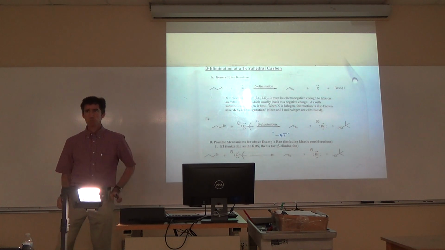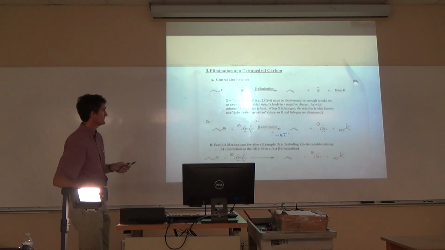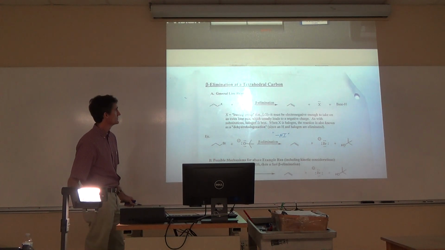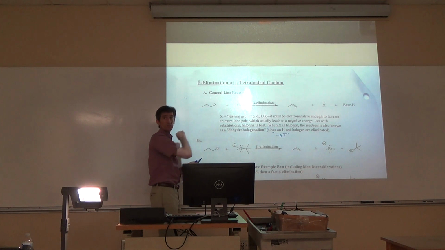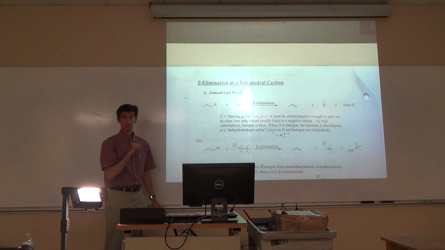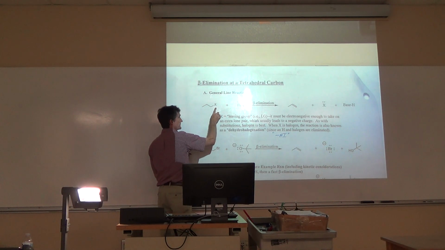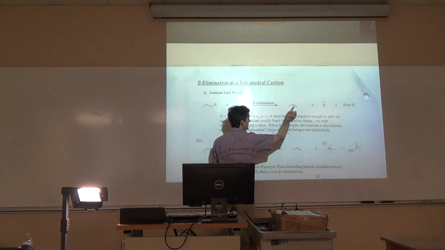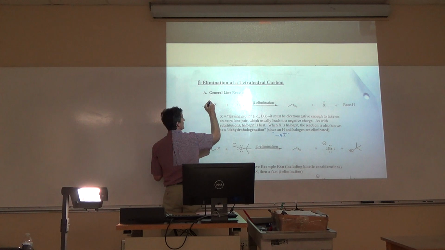Beta elimination at what type of carbon? All right, let's find the similarities to previous stuff. General reaction: tetrahedral carbon with a leaving group. Sound familiar? But instead of doing a substitution, we can do an elimination. We can remove the leaving group and the hydrogen.